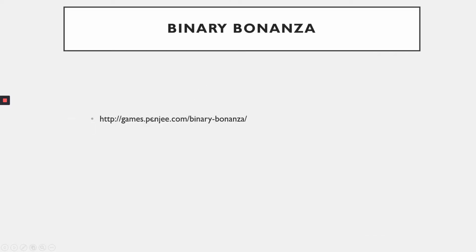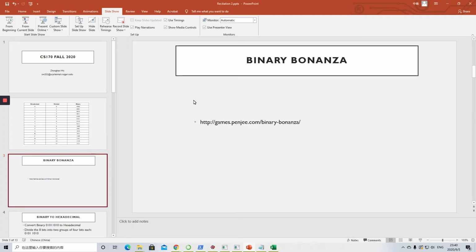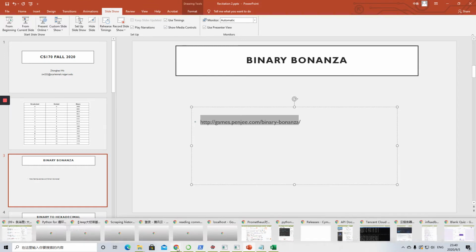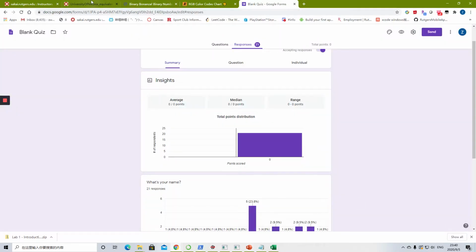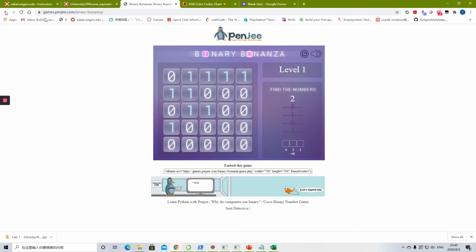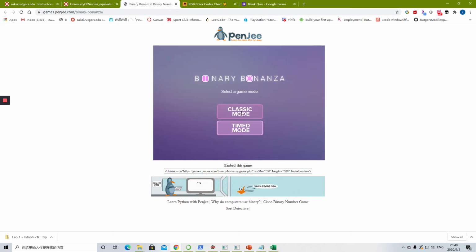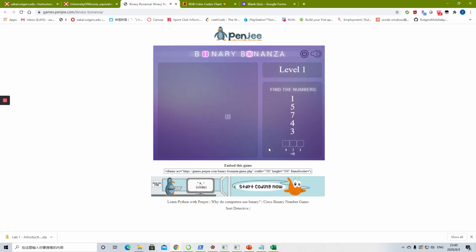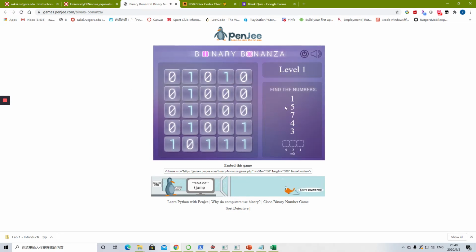Okay, I will upload these slides on Canvas later, so if you want to pause anytime, just do it. And right now I'm going to use this website to play a little game. Basically we need to select three numbers to find these numbers.